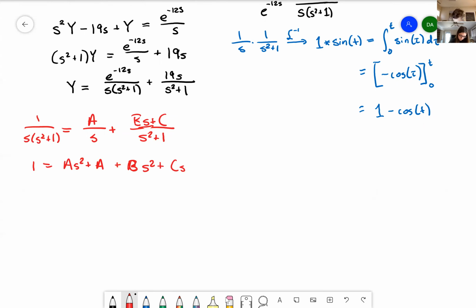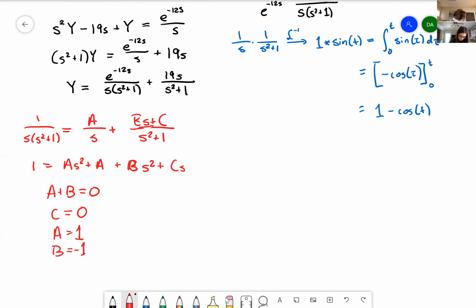It should make sense, what I'm doing should make sense. A plus B equals 0. C equals 0. A equals 1. B equals minus 1.